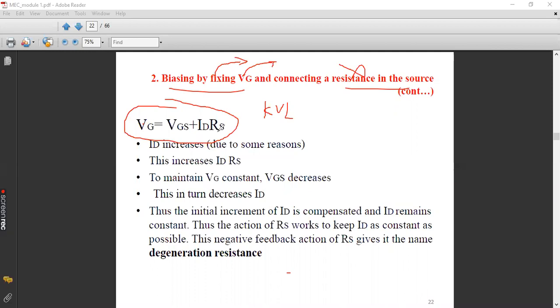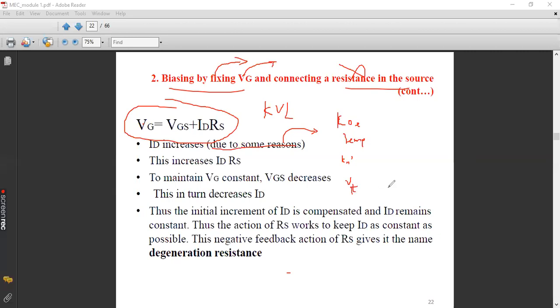Suppose ID is trying to increase due to some reasons. The reasons I listed in the previous slide are the change in COX, the change in temperature, the change in Kn dash, even the change in VT, the threshold voltage, due to device replacement.